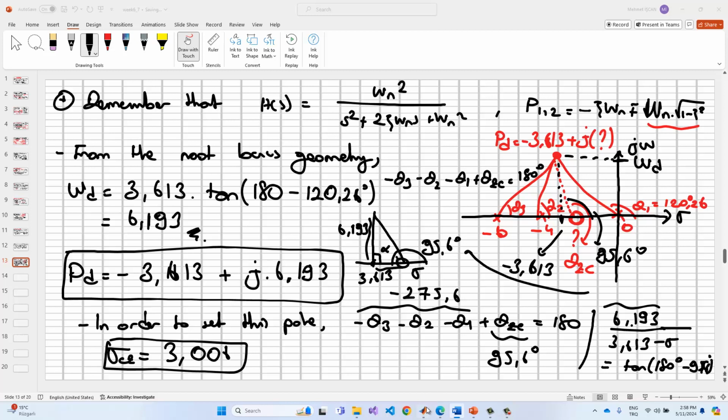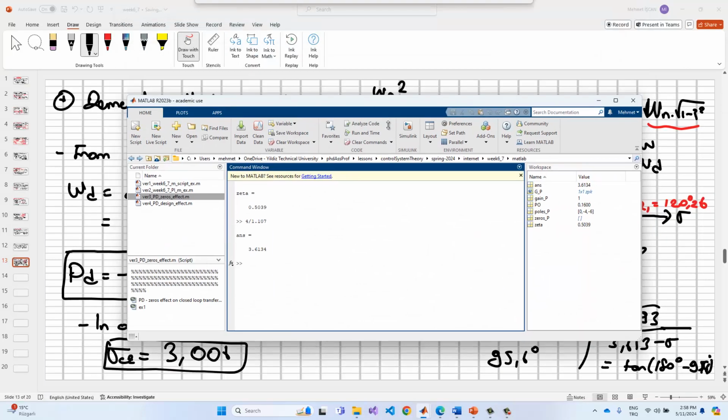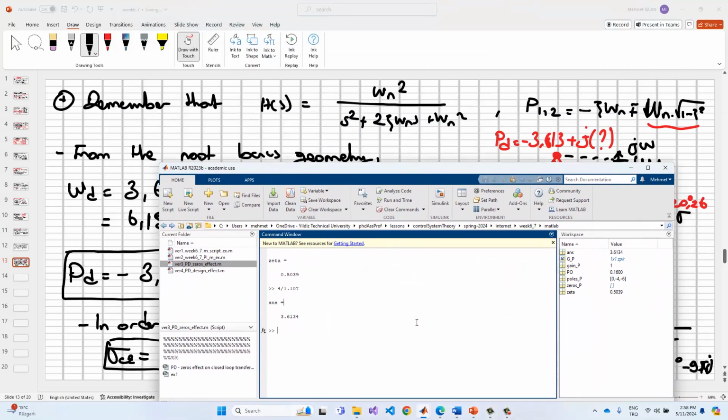You may also use this information here. For example, if we have the zeta, we know that zeta times omega n must be equal to these terms, and so these terms divided by zeta gives the new omega n value, right?